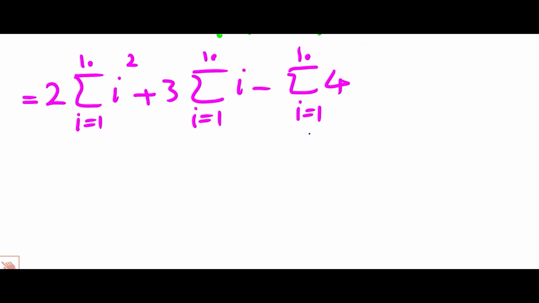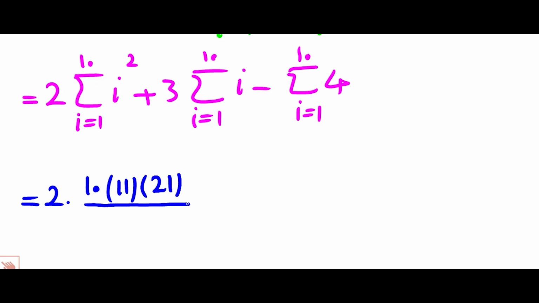Now evaluate each part, means equals 2 times the sum of i squared from i equals 1 to 10. In this case, n equals 10. So we have n times (n plus 1) times (2n plus 1, which is 21) over 6 plus 3 times the sum of i from i equals 1 to 10. In this case, n equals 10, so we have n times (n plus 1, which is 11) over 2 minus the sum of 4.